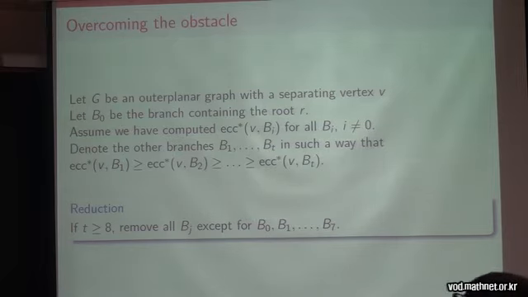We can assume that this ECC star has been computed in the previous steps. And if you order them in this way, then even if you remove all these branches except for the first 7, whether the instance is yes or no is preserved. So it's kind of a reduction.